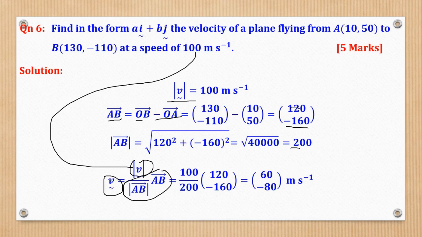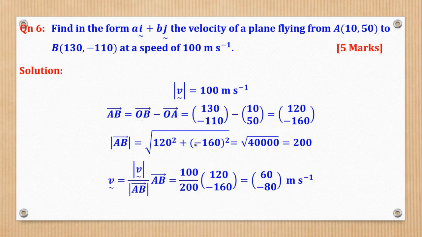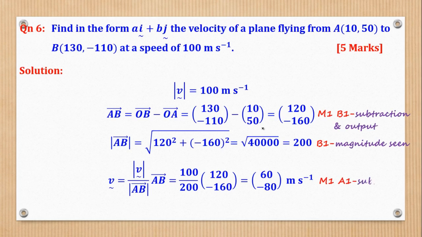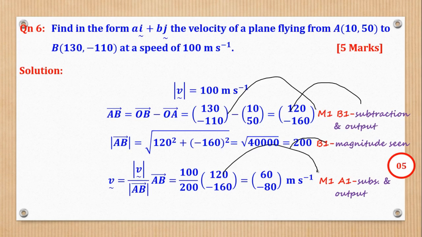So when I substitute magnitude here, direction here, it gives me this as the velocity vector, and that's what they wanted. So 1 mark for substitution, output, magnitude, substitution, output, and that's how the 5 marks would come about.